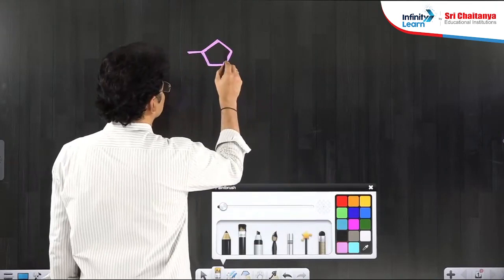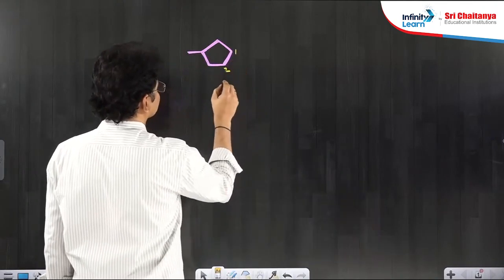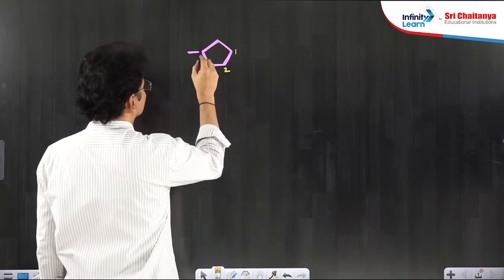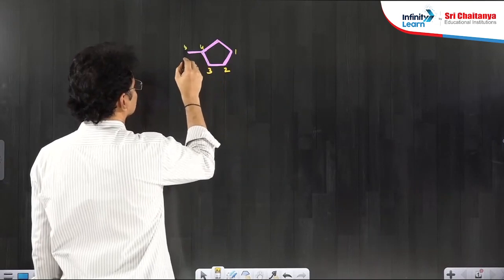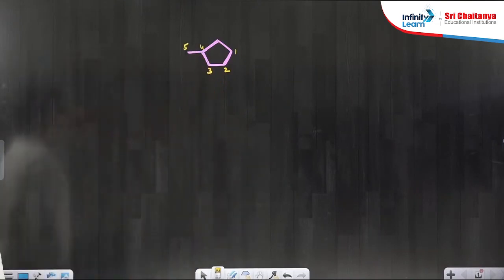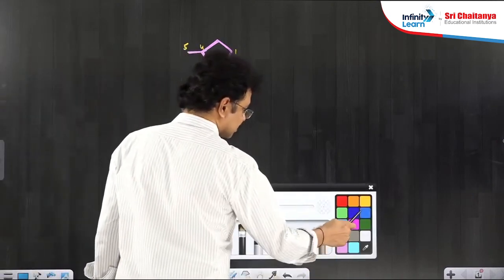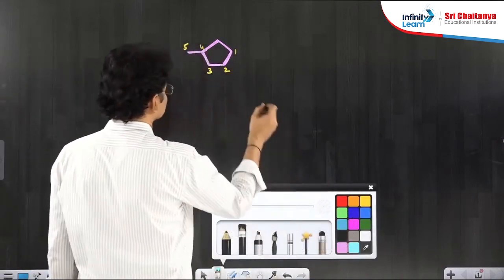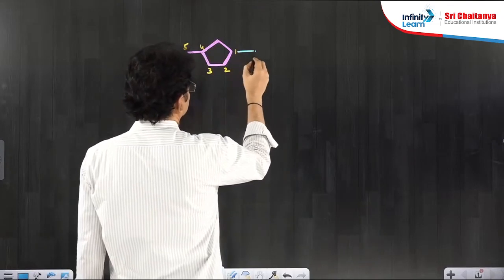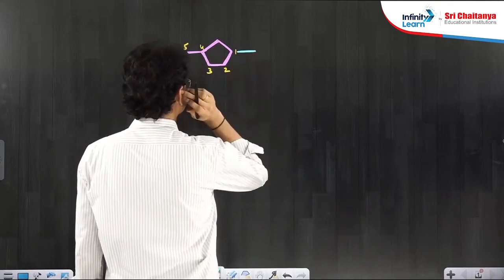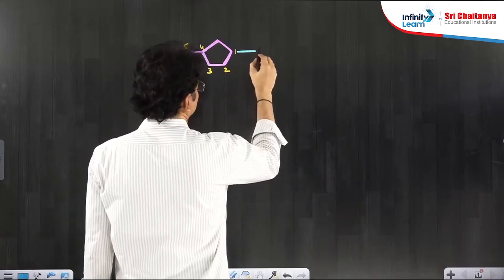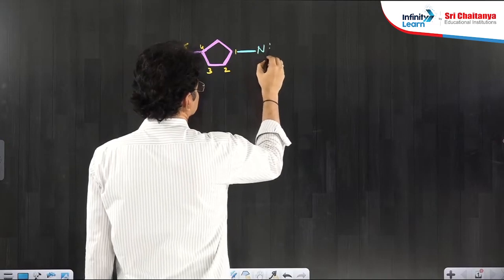In it, it is the first carbon, second carbon, third, fourth. This is the last carbon. A sugar molecule. Name the chemical constituent that is bound to the first carbon of the sugar. Nitrogen base.